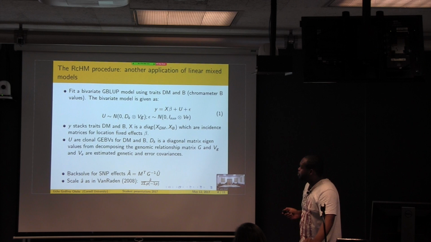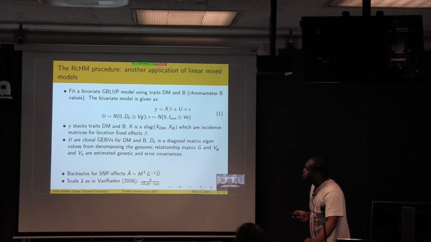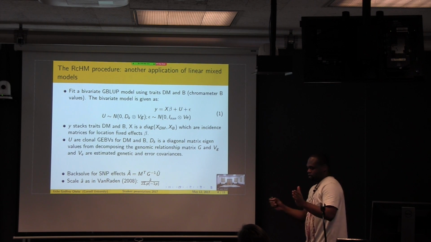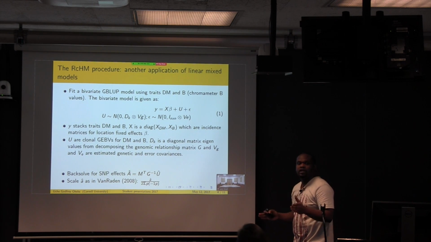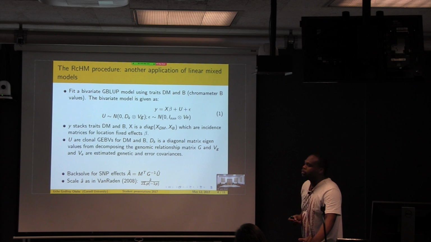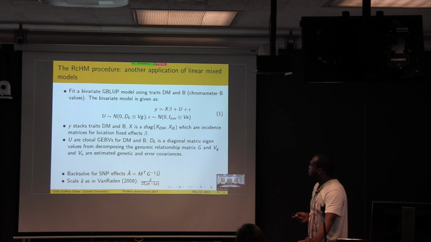We fit a bivariate GBLUP using this model, and the way the model is fitted is that we have a stack of the two traits, and the X matrix in our model is just for the location effects, because the data was collected from multiple locations.